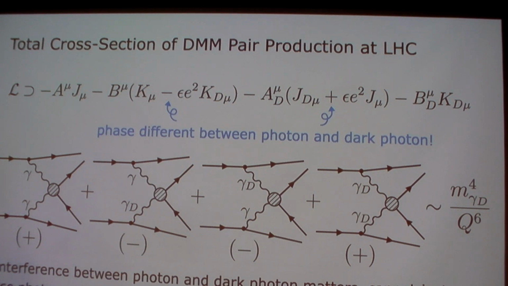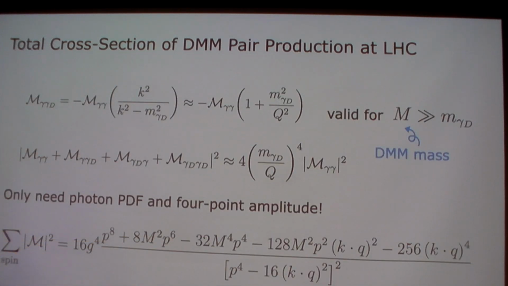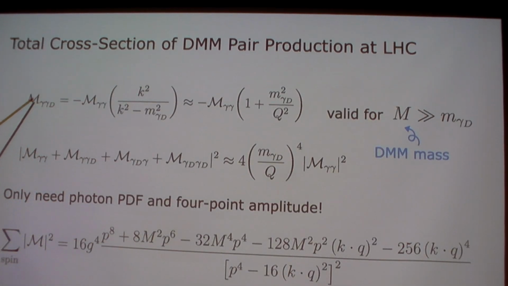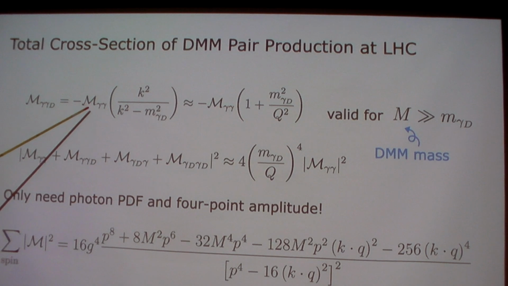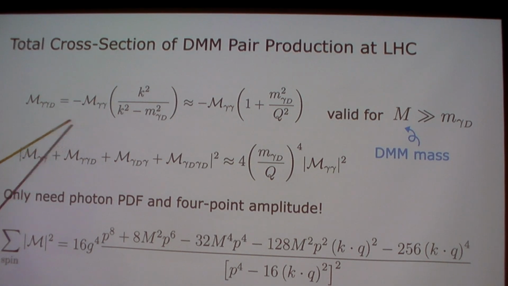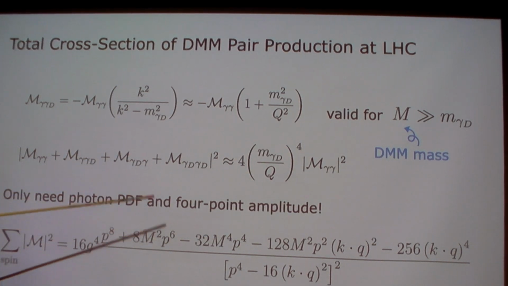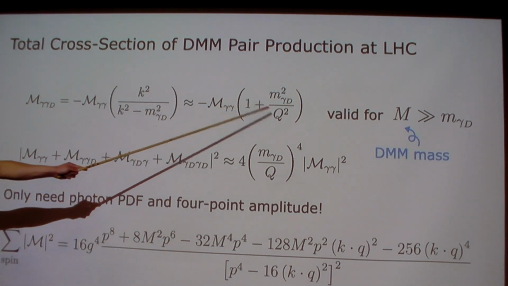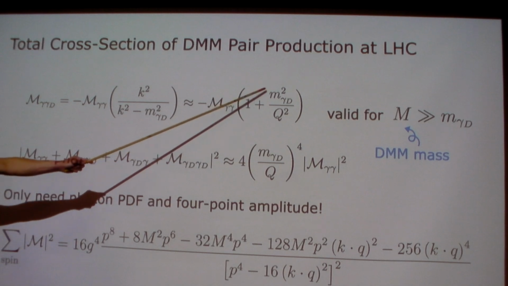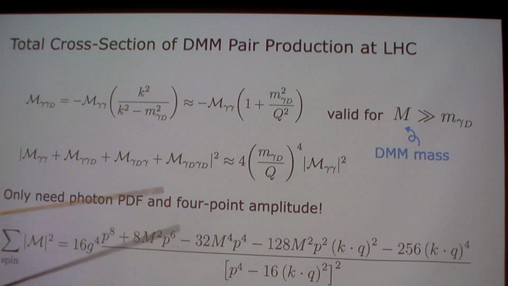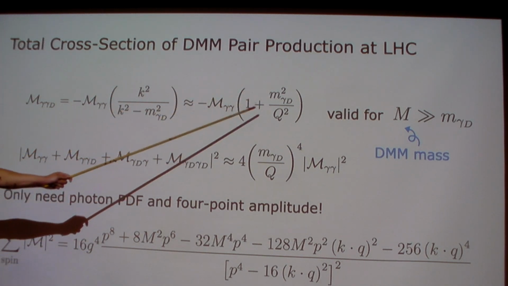What I can do right now is to estimate the contribution using the fact that the difference between these 2 amplitudes, from photon-photon or photon-dark photon, is just from the propagator, which, if the collision scale is a lot bigger than the mass of the dark photon, can be approximated like this.